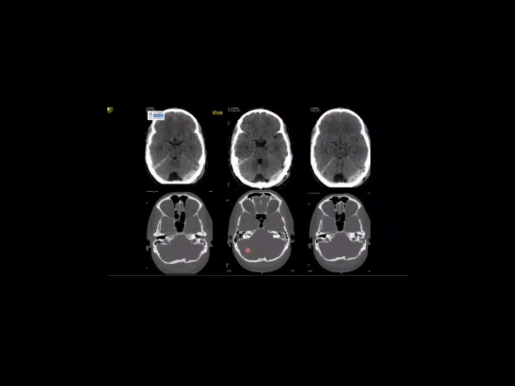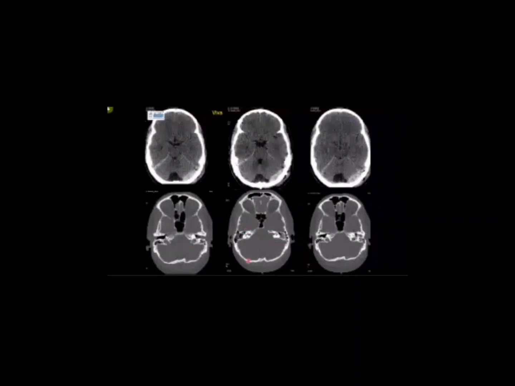I can see there is some gas density on the left jugular foramen or jugular bulb location. I would assess this carefully on the workstation to see if this is gas. This was gas. So this denotes an underlying fracture of the base of skull or petrous. I can see some fluid level in the sphenoid sinus.